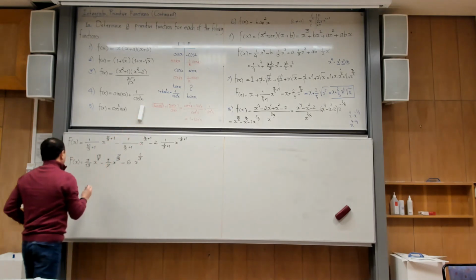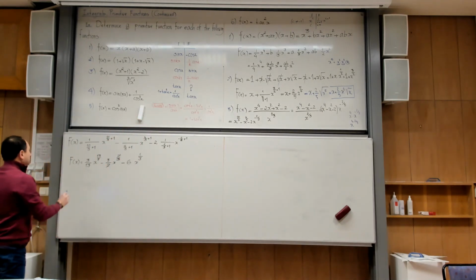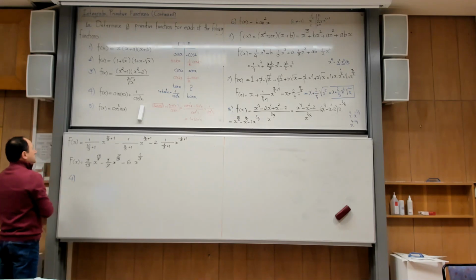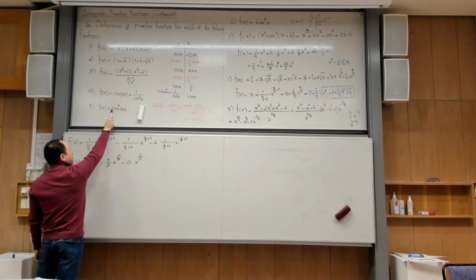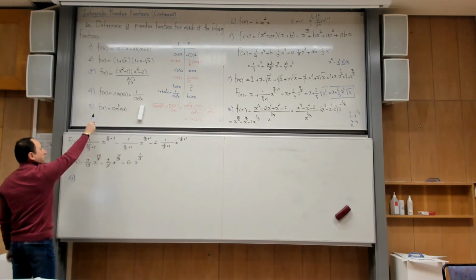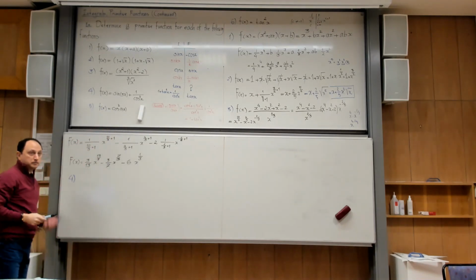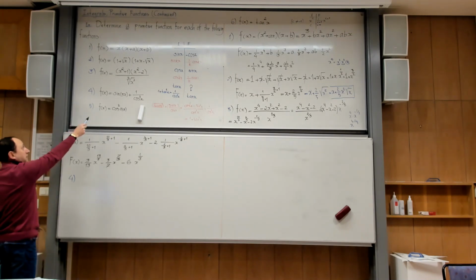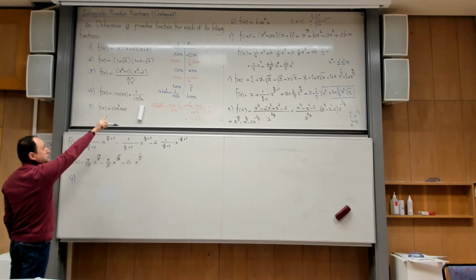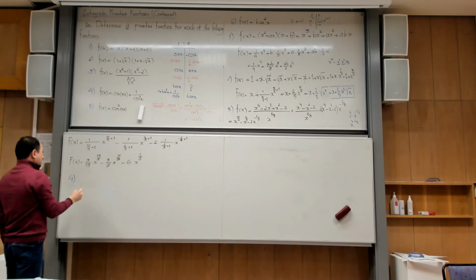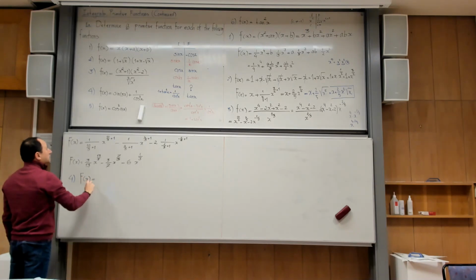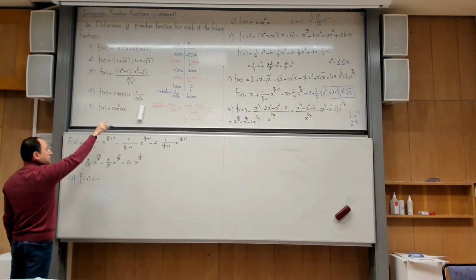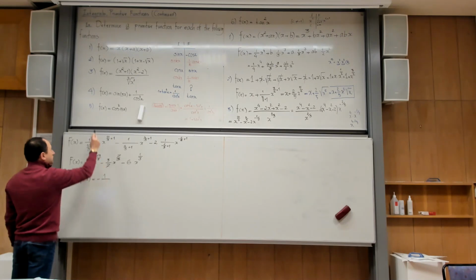So, number 4. I want to find a primitive function for number 4. I have two parts, sine 3x and 1 over cosine squared x. Both of them are in my table, actually. Yes? Sine 3x, I have to use the second row, do you see? Sine kx. So a primitive function for f of x is simply minus 1 over k, the second row, which is 1 over 3, and then cosine kx.